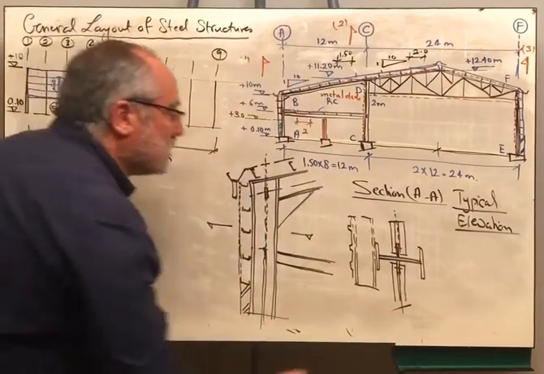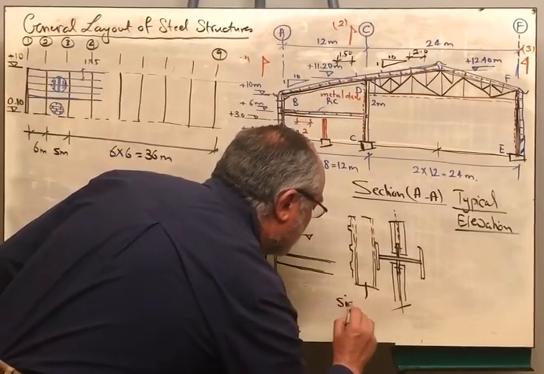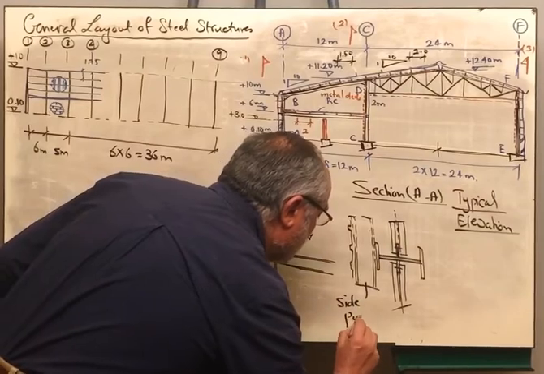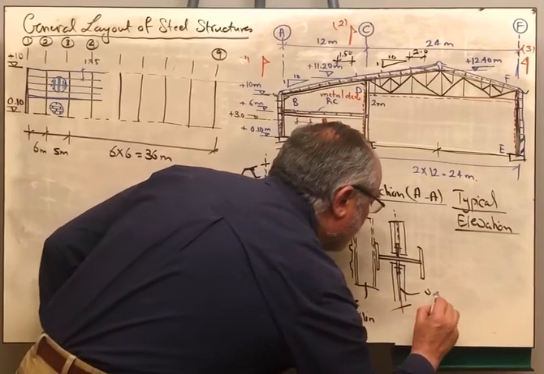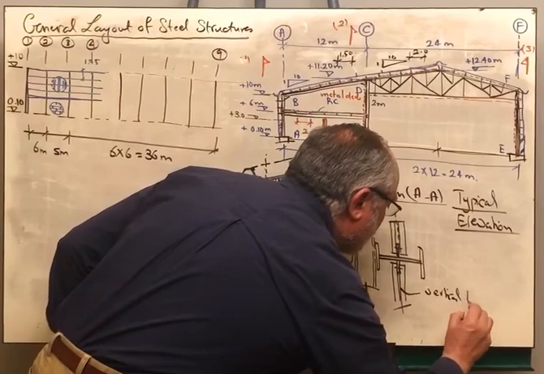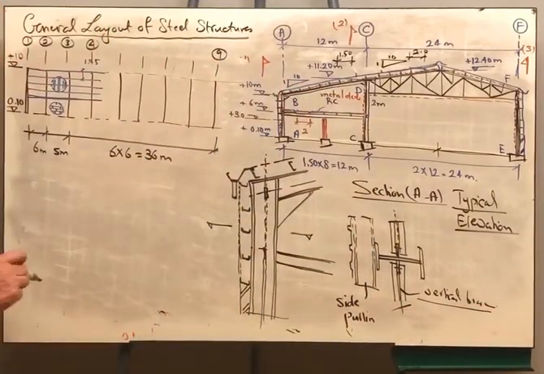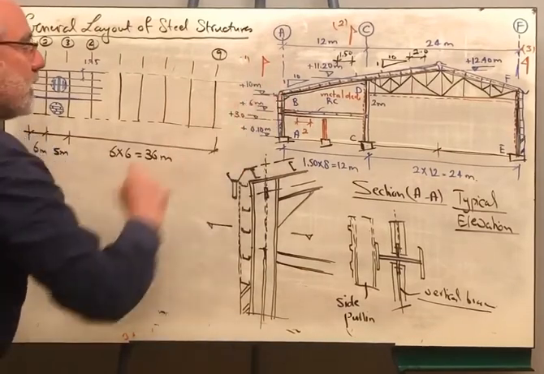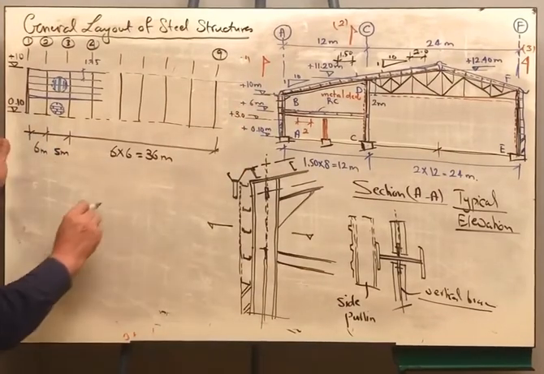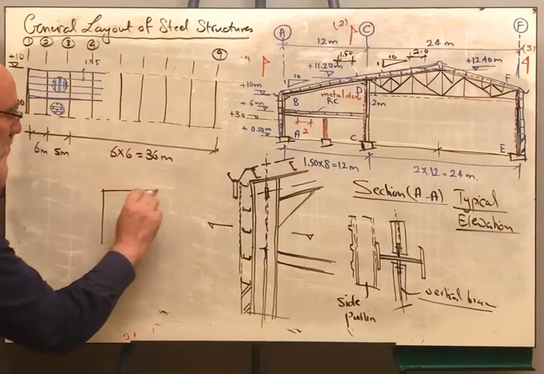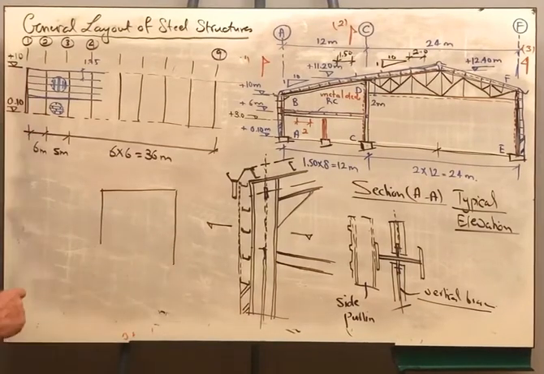Okay, so this is the side purlin, and this is the vertical bracing. Okay. Now, if we look at a perspective view for this case, here we are having our frame like this.